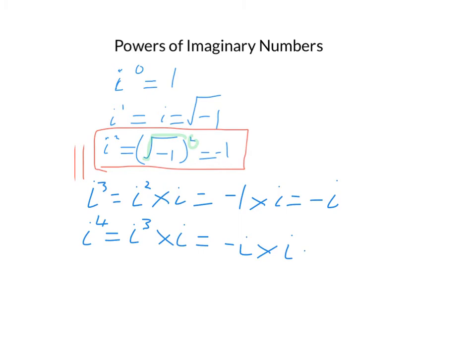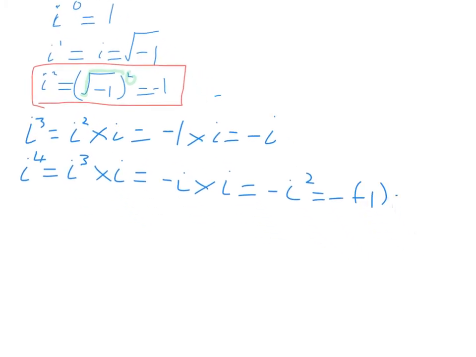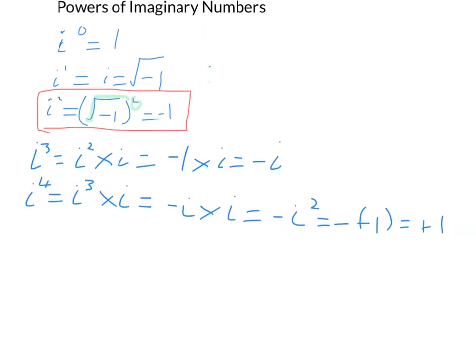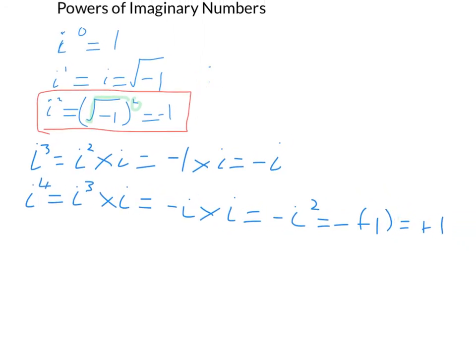Well, i times i is going to give us i squared, and minus times the plus is going to give us minus. Now we already know that i squared simplifies to minus 1, so it's going to be minus times minus 1 simplifies to plus 1. Like I said, these get a bit more complicated here, but they do not come up as often, so I wouldn't be stressing unduly about them, but just try and get them if you can.